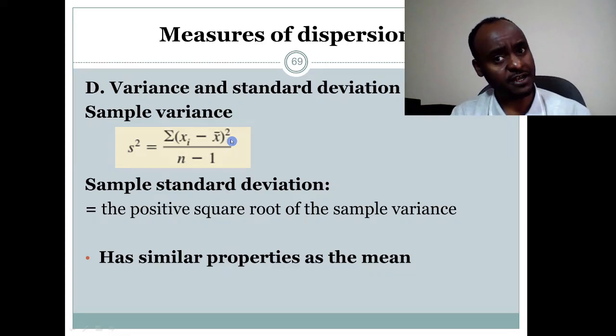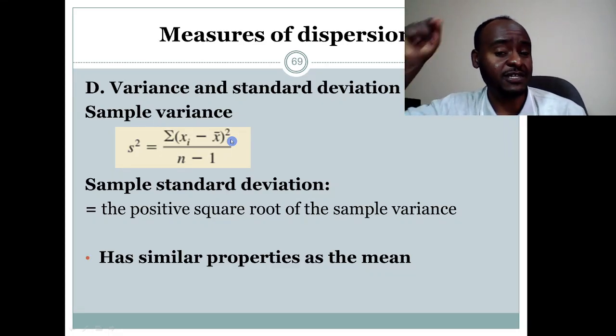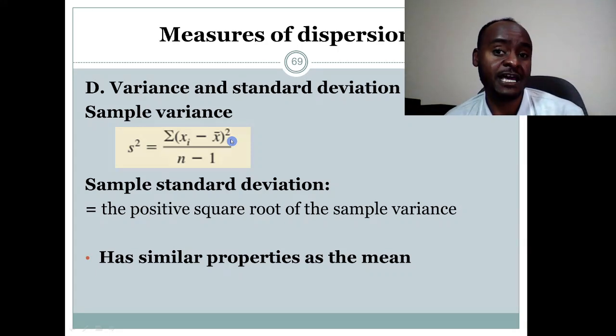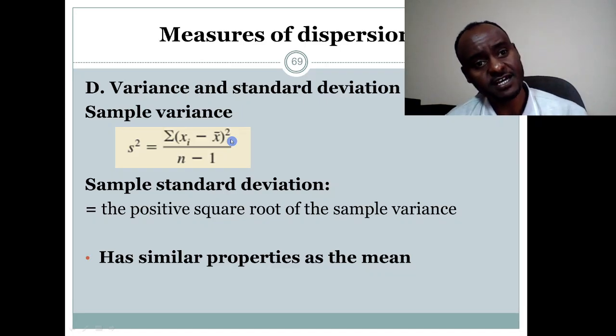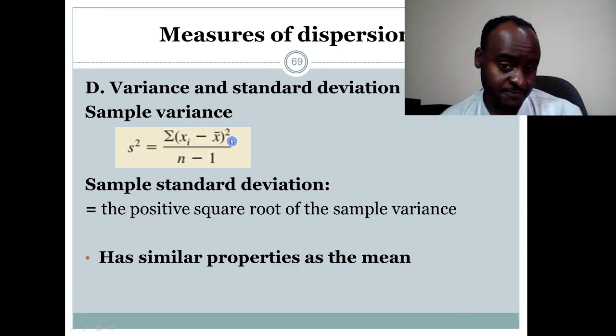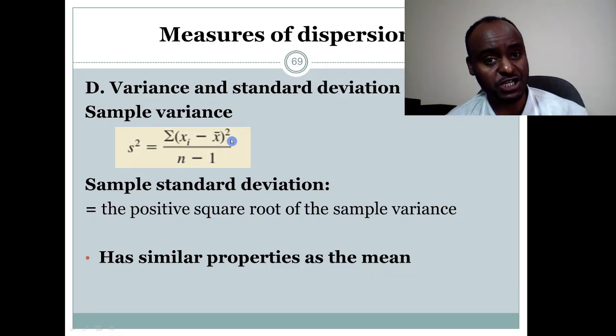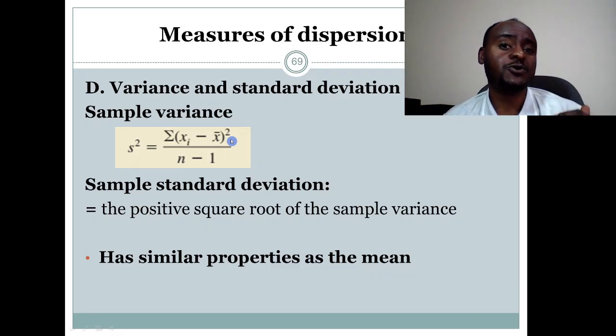A square of the unit of measurement of the data point may not make sense or have meaning. That's another limitation of sample variance, along with its sensitivity to the outlier.